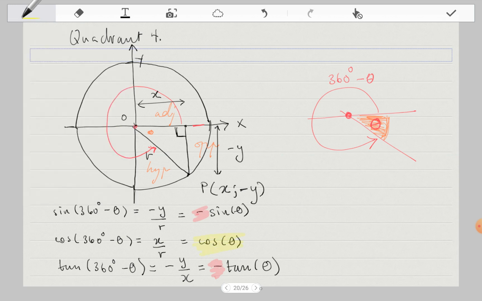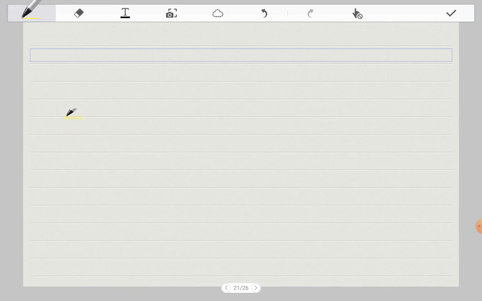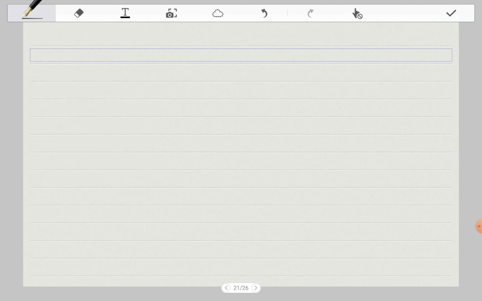All right, so finishing this up, we're going to have a look at a diagram to summarize all of this. That's called the CAST diagram. The CAST diagram summarizes what we've just learnt right here.